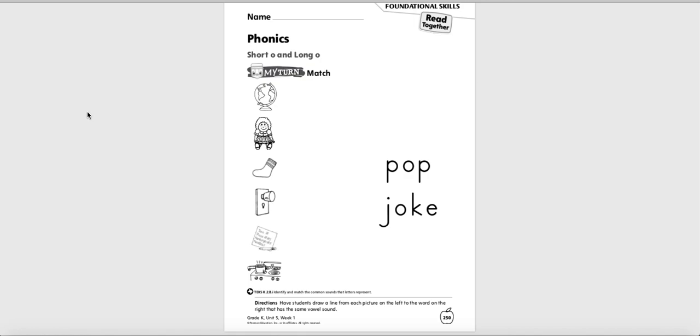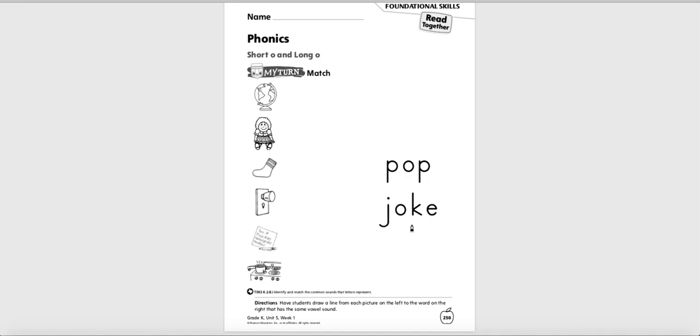Next, we're going to work on phonics with the short O and long O. We're going to match the pictures to the word that has the same vowel sound. First, let's look at the first word. Can you sound it out for me? P, ah, p, pop. Good job. This has the short O sound, pop.